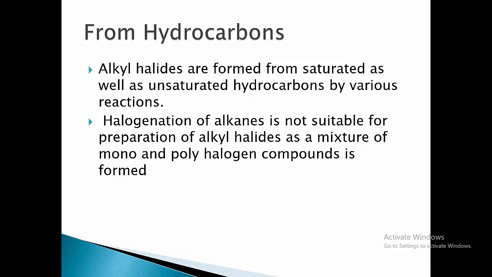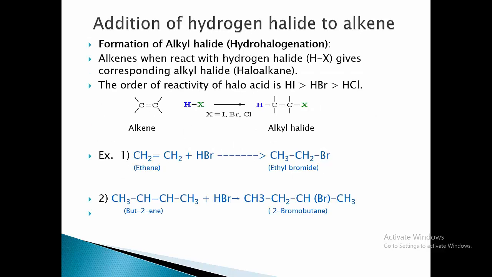But in halogenation of alkanes, a mixture of mono and polyhalogen compounds is formed, and therefore the separation of these mono or polyhalogen compounds is difficult. Therefore we are going to see the preparation of halogen derivatives by using hydrogen halides with alkenes.